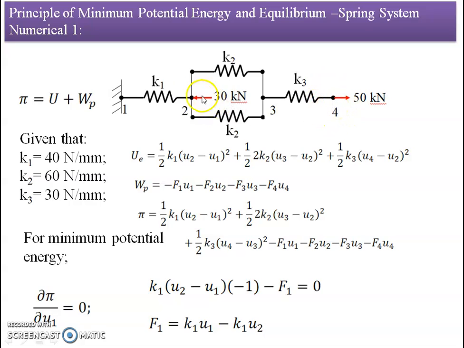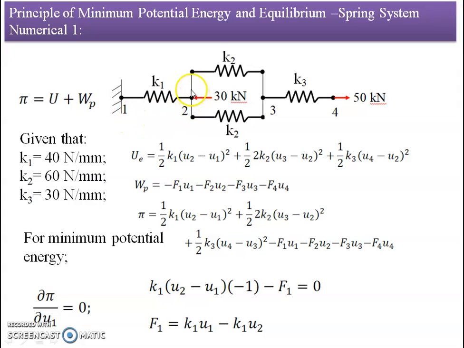Instead of calling it displacement, I will call delta an extension. The displacement components at the respective nodes may be represented as u1, u2, u3 and u4. Since node 1 is fixed, the displacement component at node 1 will be 0.